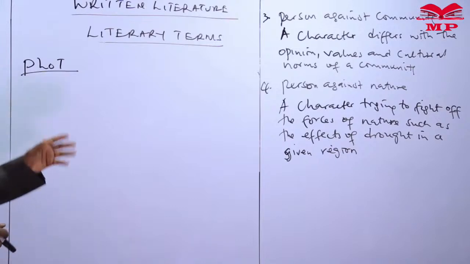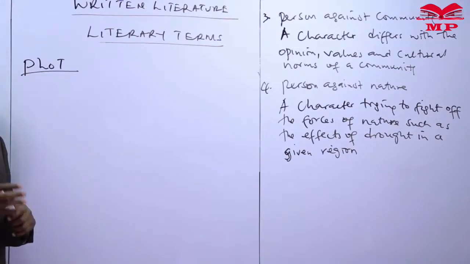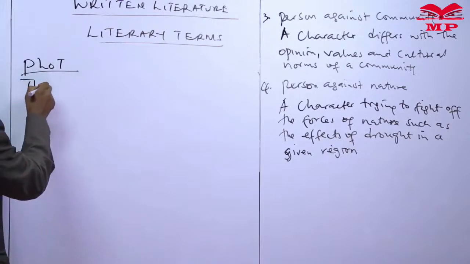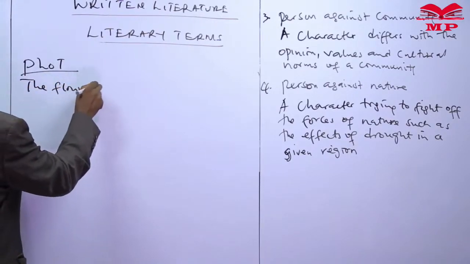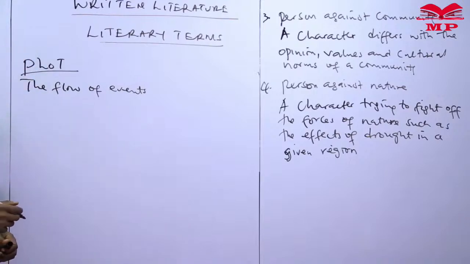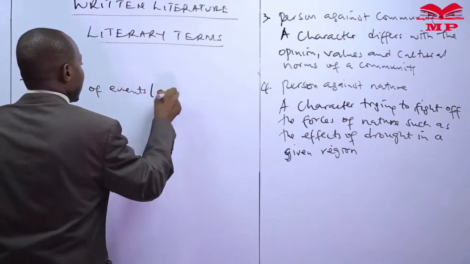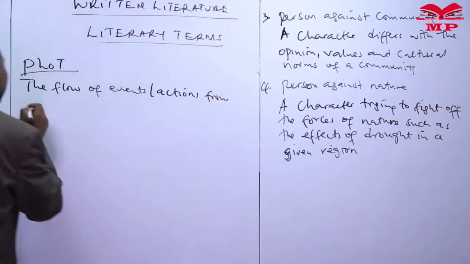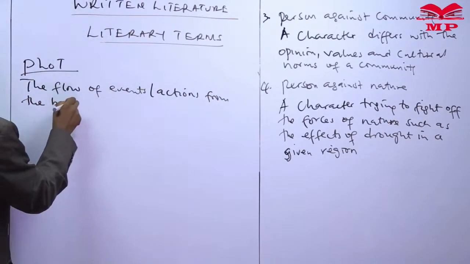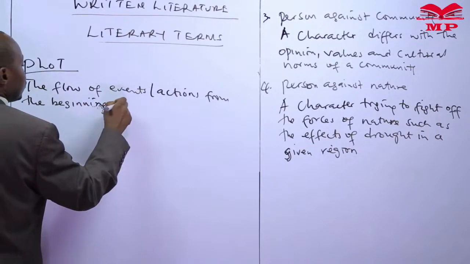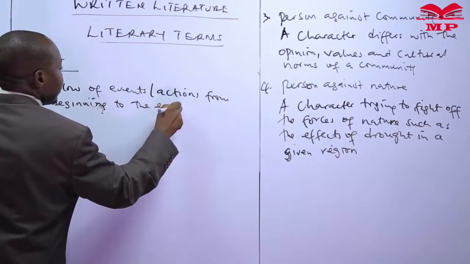Now, plot in literature means the storyline. It means the flow of events or actions from the beginning to the end.